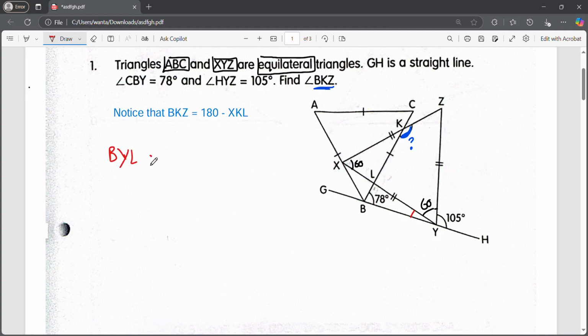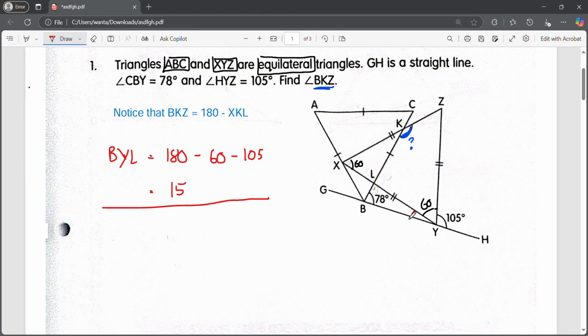BYL is equal to, since it's in a straight line with 60 and 105, BYL is 180 minus 60 minus 105. 180 minus 60 is 120. 120 minus 105 is 15. So BYL is 15. What's next? Well, BLY is a triangle.